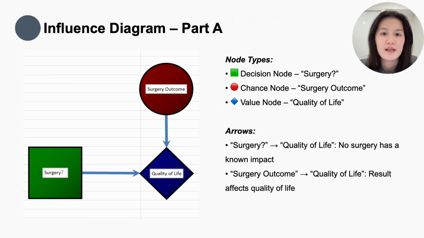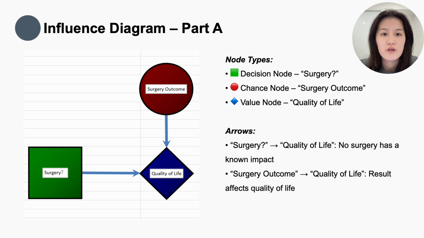To better understand the decision and its possible outcomes, we can use an influence diagram. In Part A, the diagram includes a decision node representing the choice between surgery and no surgery, a chance node showing the uncertain result of the surgery, and a value node representing the patient's quality of life.